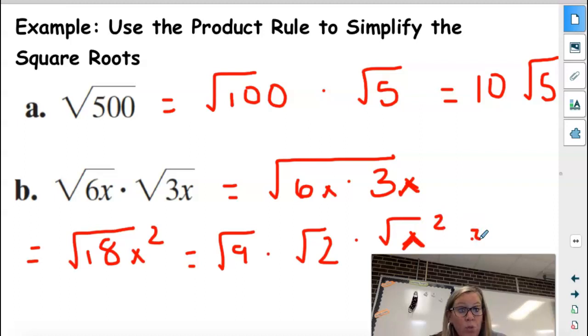Okay. We do have 2 pairs of perfect squares. The square root of 9 is 3. The square root of x squared is x. And then we have that square root of 2 left.